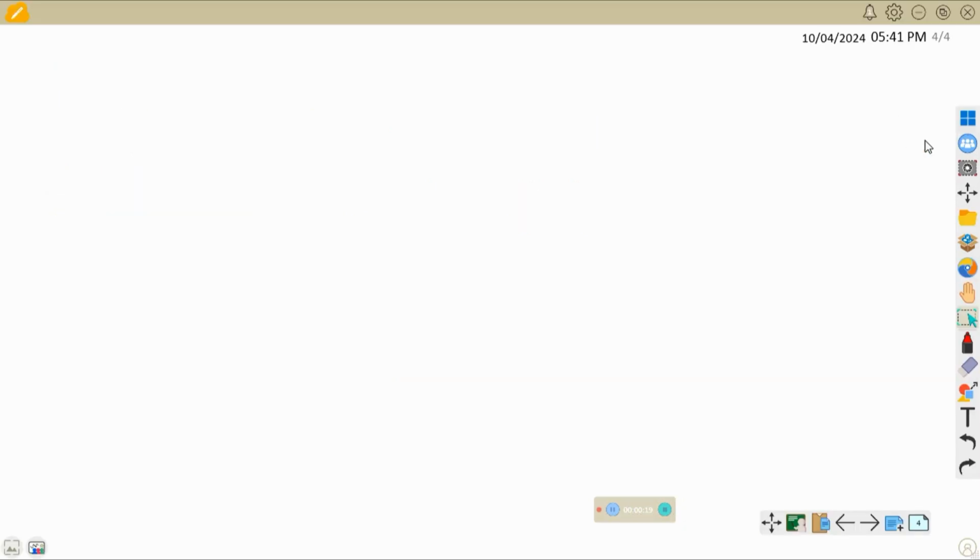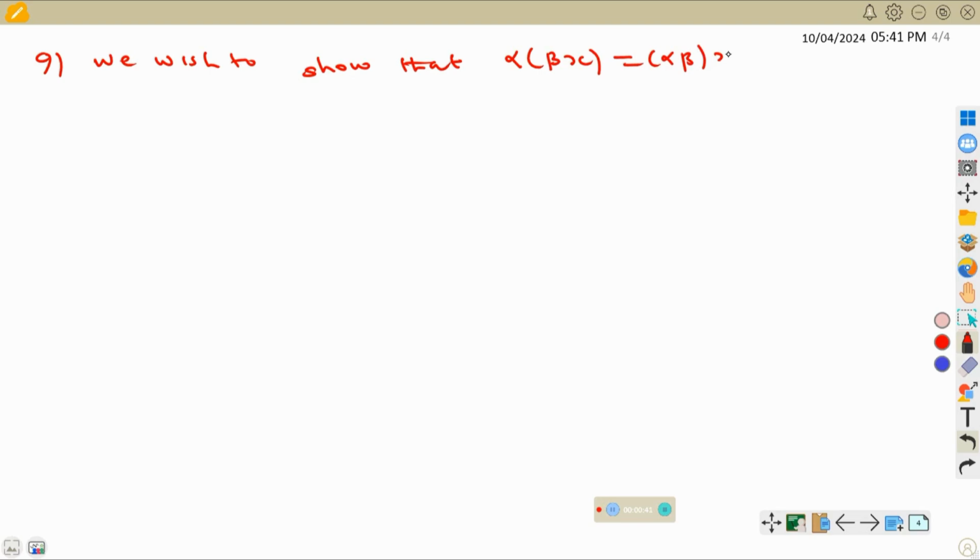So for number 9, we wish to show that alpha into (beta x) will be the same as (alpha beta) into x. So that is what we need to prove, for x picked from R to the power n, and alpha, beta picked from our field R.